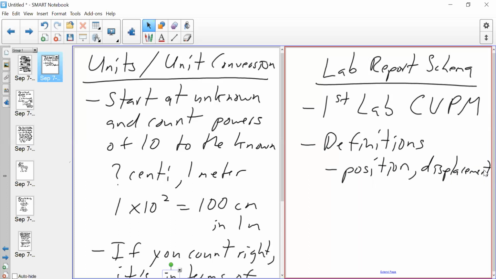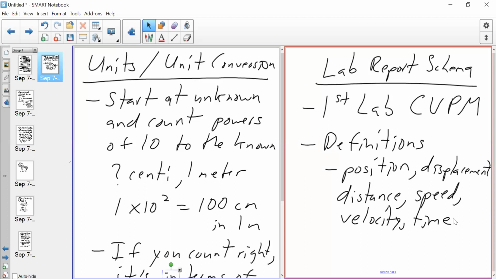So we're going to touch bases on everything: position, displacement, even distance, say speed, velocity, time, and even acceleration down the line, force, energy. We're going to get to all those things. So we're going to start off with basic definitions. These guys here. The next time.